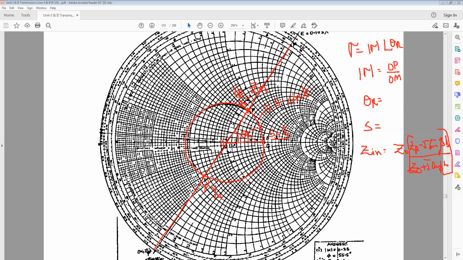We can extend it. This is 50 degrees we got as a theoretical value. Here also approximately you have to get 50 degrees.